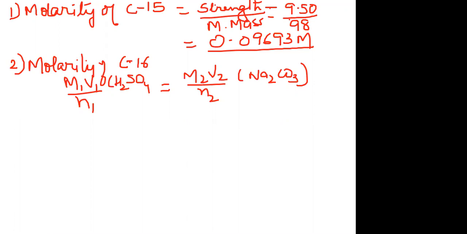So if I use this molarity equation at the end point for sulfuric acid and for sodium carbonate, then let us substitute. N1 and N2, according to the chemical equation, will be 1 each.